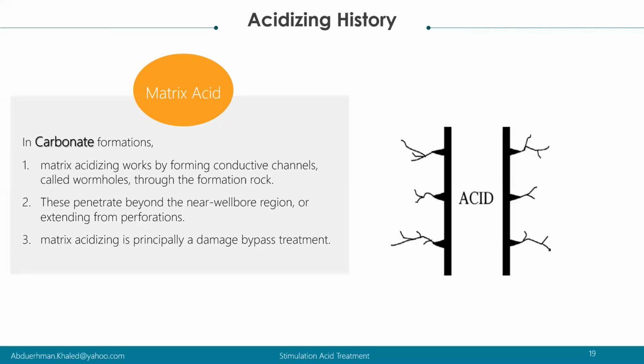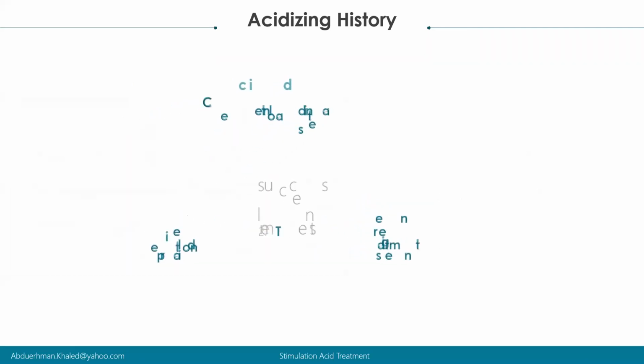The best wormholes you can have come with a high reaction rate and low diffusion rate, because that helps a lot to get better wormholes, better branches, and a good extension of these wormholes.